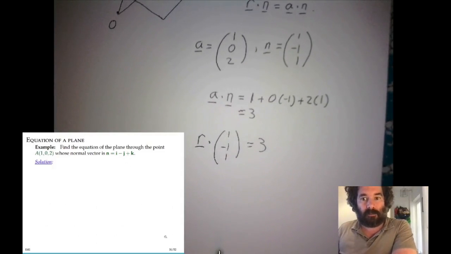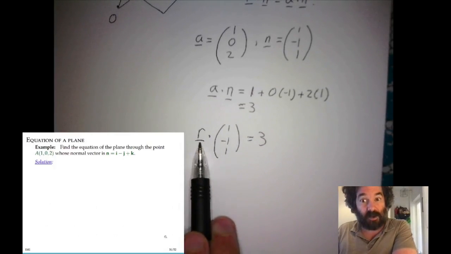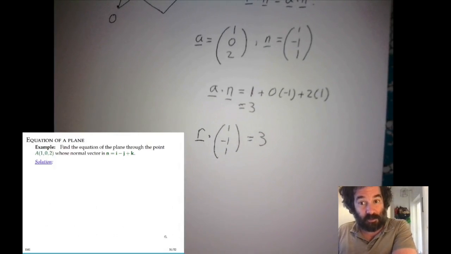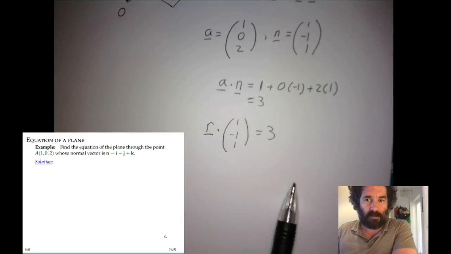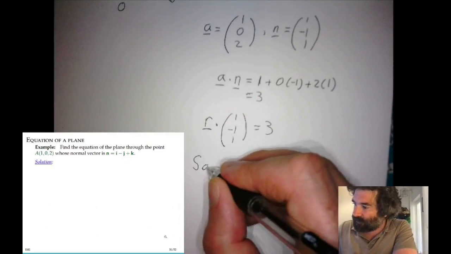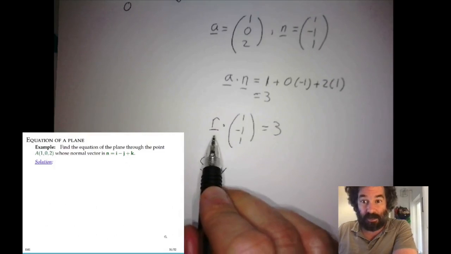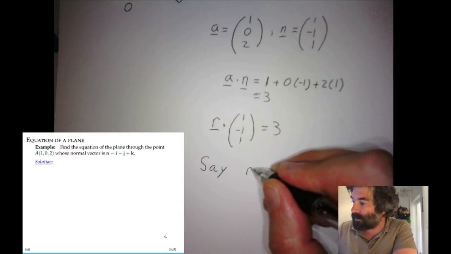If you're not used to this, it may seem a little bit strange to have this type of vector equation. This is an equation involving the vector r, which is the position vector of a point in the plane. To be a bit more concrete, let's say the coordinates of a point in the plane given by r are x, y, and z.